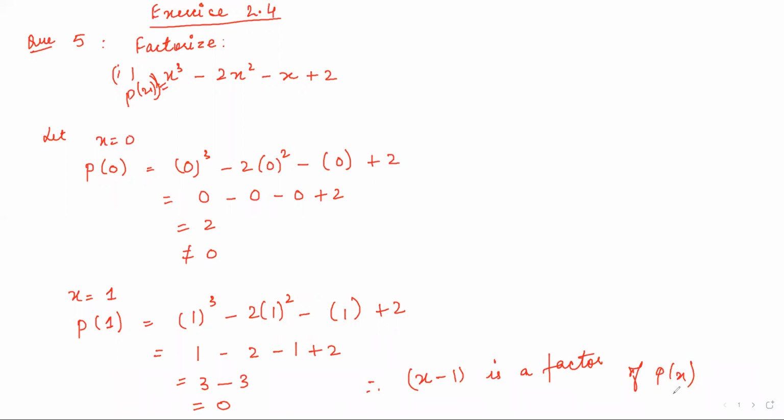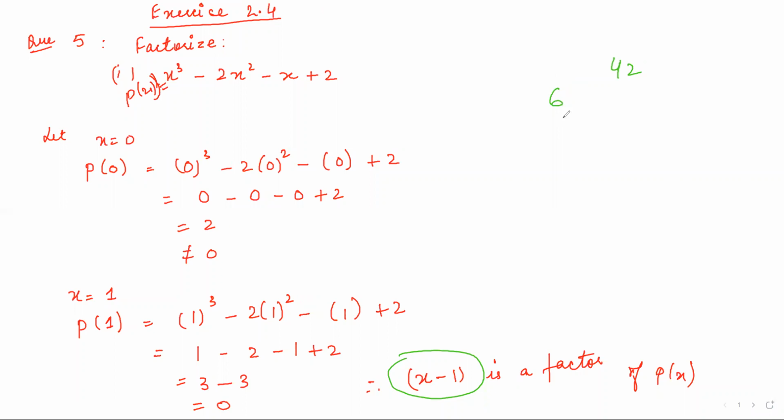Yes, ma'am. So I have got one factor, which is x minus 1. Now, factorize means I have to break it into factors. So one of the factors I have got. How will I find the other factor? For example, let's say I have the number 42, and I'm saying that 6 is one of the factors of it.